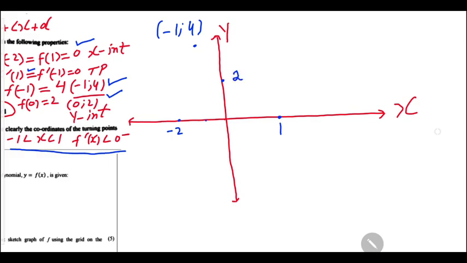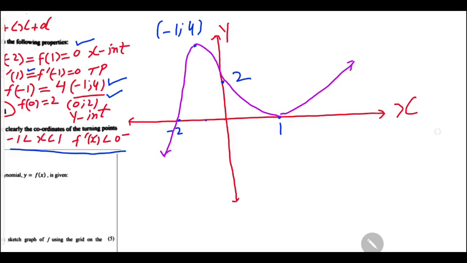Now I can sketch the graph. I sketch it increasing first, and from this turning point till the +1 it is decreasing, and then from here again it is obviously going to increase.